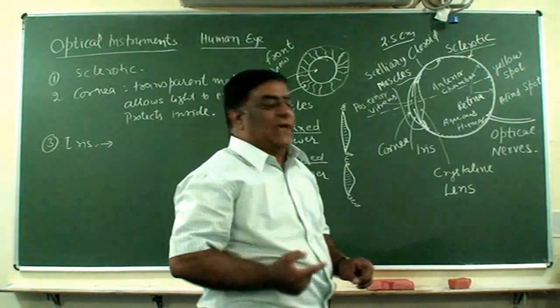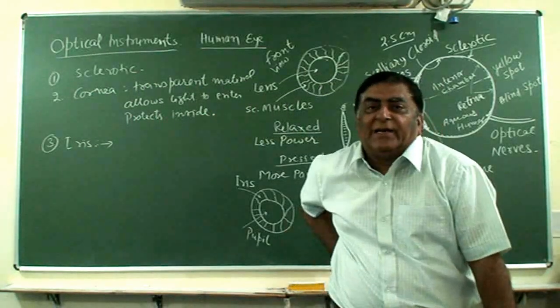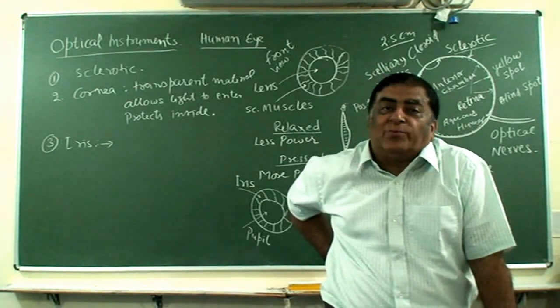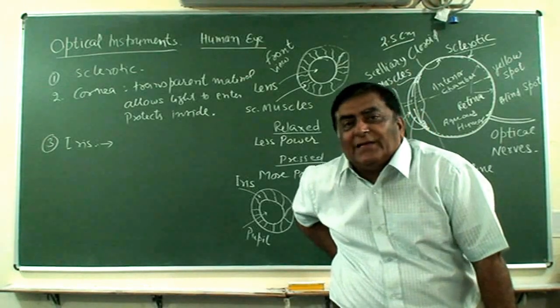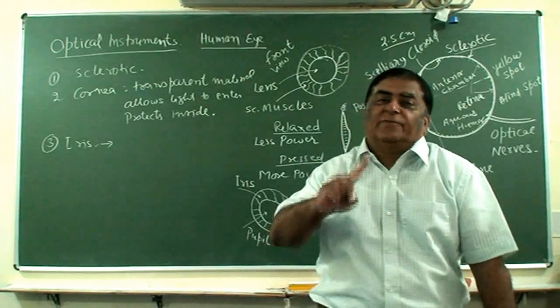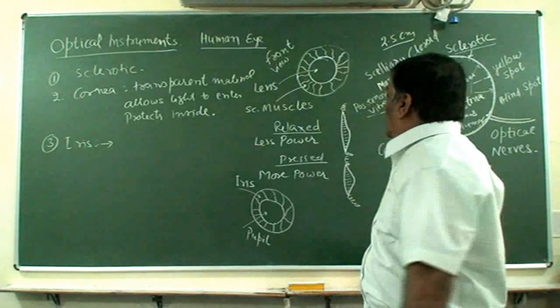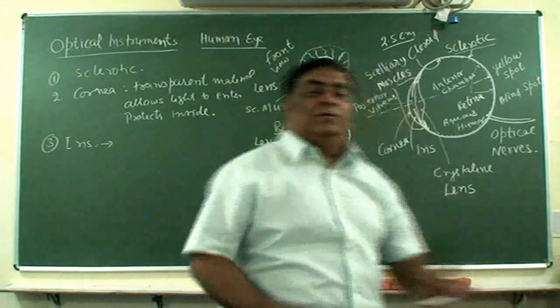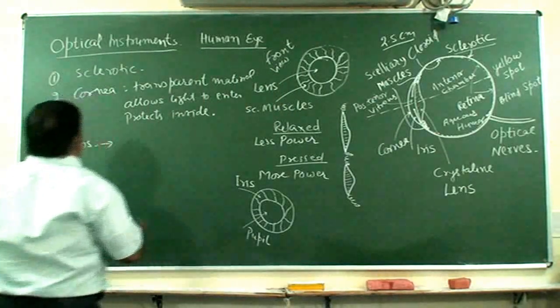When we see from outside, the iris has a particular color, and this is known as the color of the eye. The brown eye, the blue eye, that color is basically the color of the iris. So what is the purpose of the iris? To control the quantity of required light.